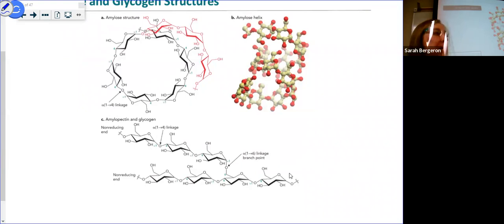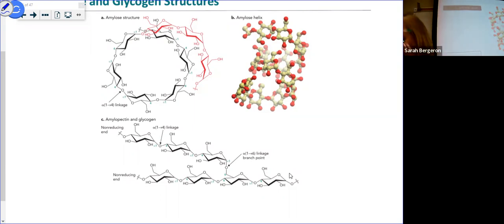But do you remember we talked about a reducing end and a non-reducing end in Biochem 1? So if you have a non-reducing end, what does that tell you about the sugar? The anomeric carbon is participating in a glycosidic bond. If you have a reducing end, the anomeric carbon is free, right?